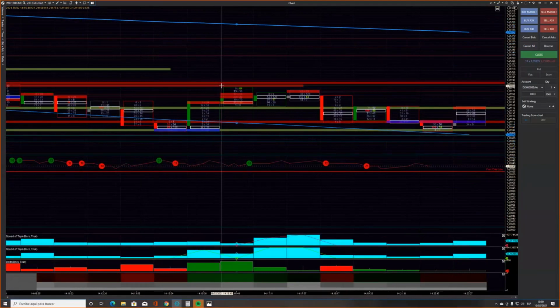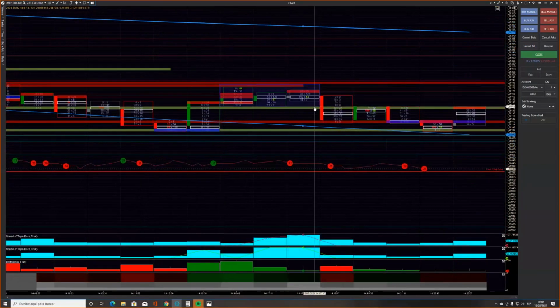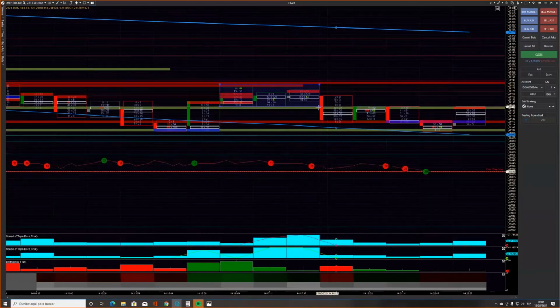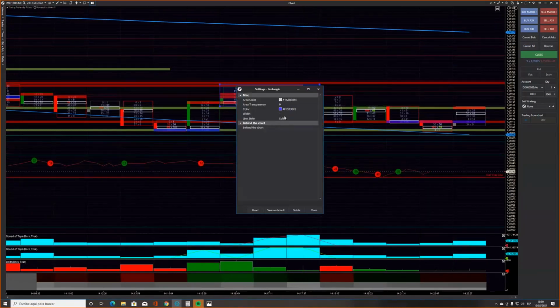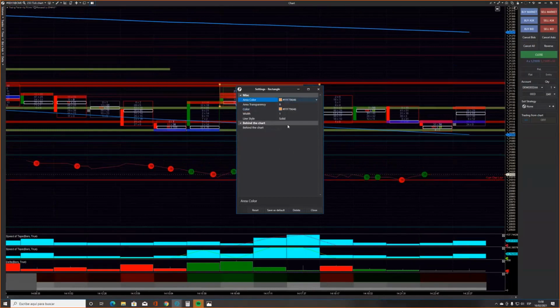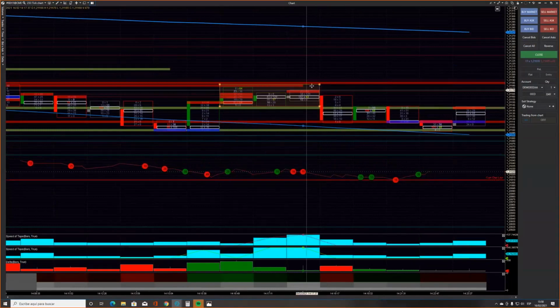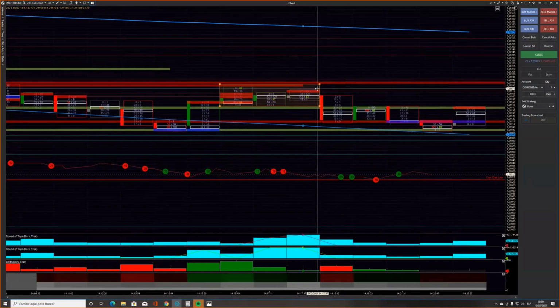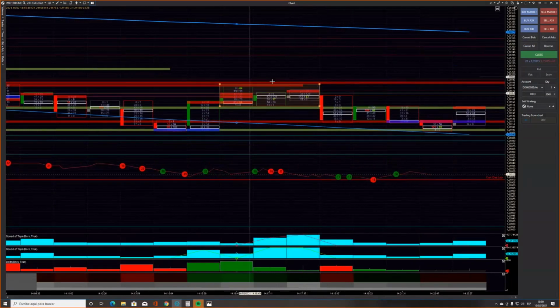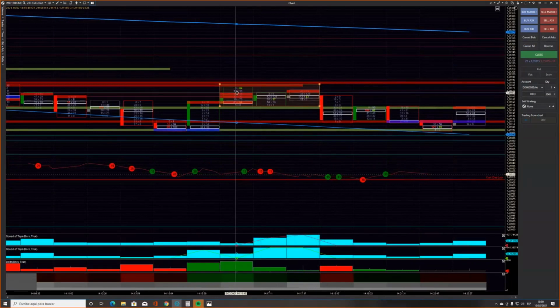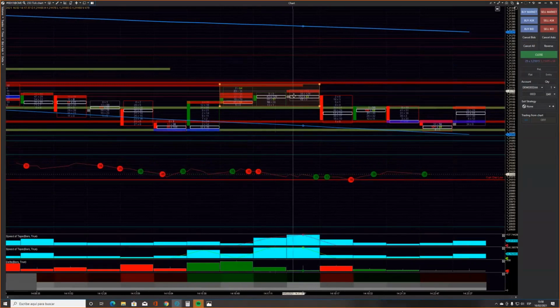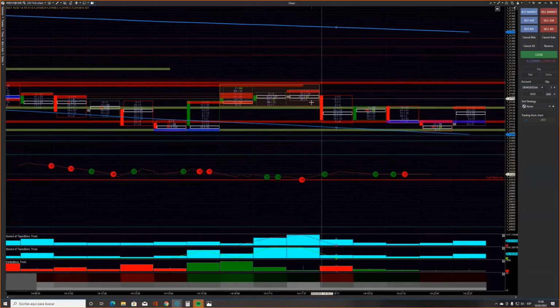Let me put an example right here. You can see at the top here, we have pretty big numbers. Let me highlight this better, let's put this in orange. Okay, you can see this area right here that I pointed at, and you see these green numbers.